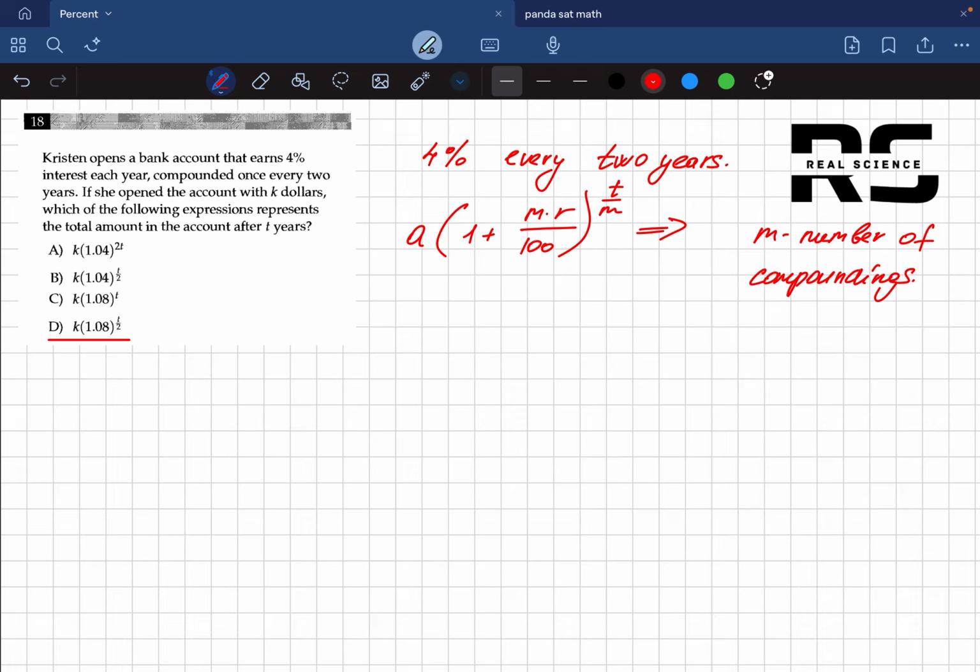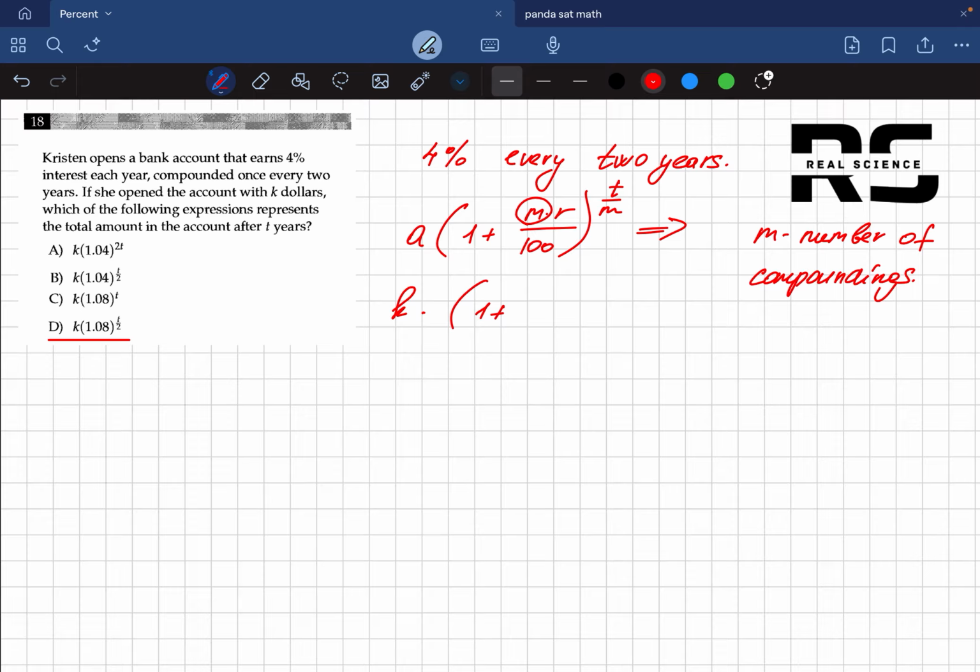The initial amount is K dollars, and then 1 plus the rate. The compounding is once every 2 years, meaning that if in year 1 the rate was 4%, the second year would be 4%. So in 2 years, the overall rate would be 8%, because we're counting not every year, but every 2 years.